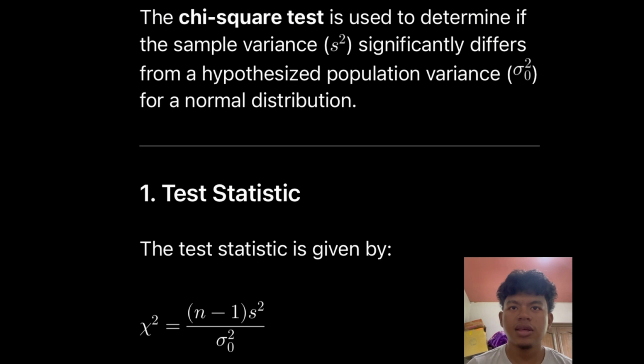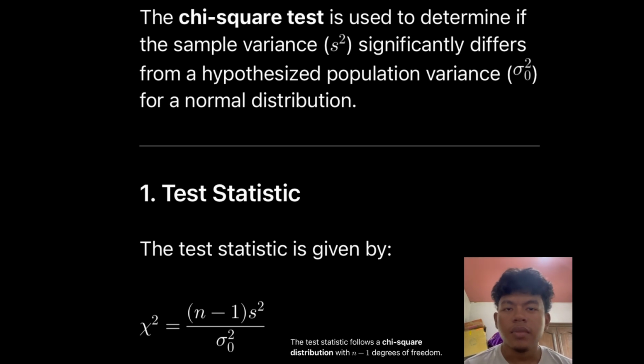The test statistic is chi-squared equals (n minus 1) times s squared over sigma-zero squared, where n is the sample size, s squared is the sample variance, and sigma-zero squared is the hypothesized population variance. The test statistic follows a chi-square distribution with n minus 1 degrees of freedom.